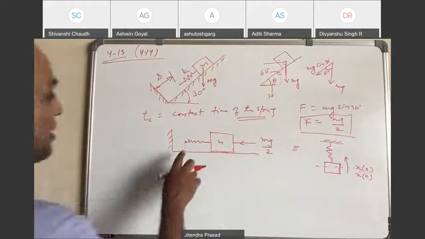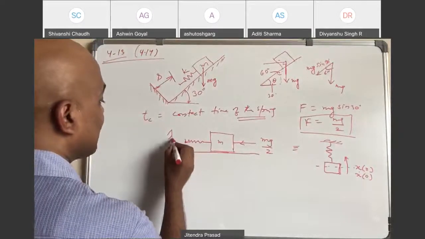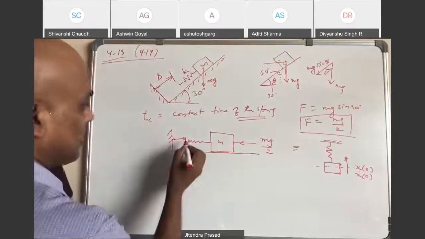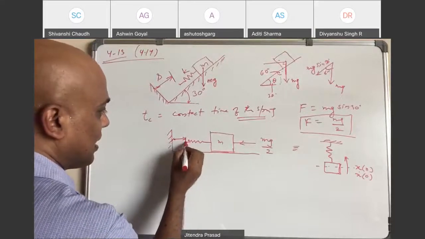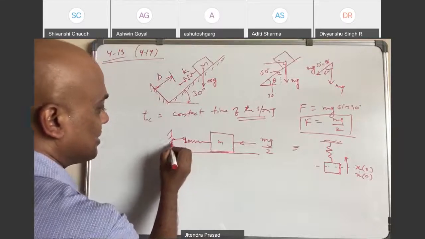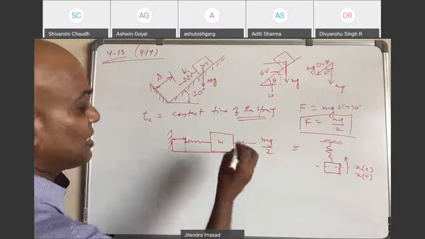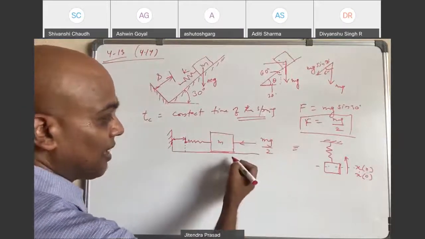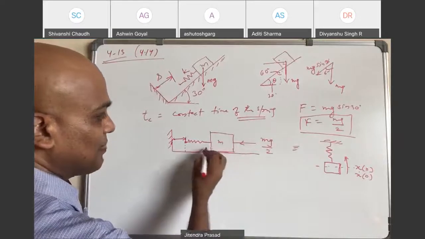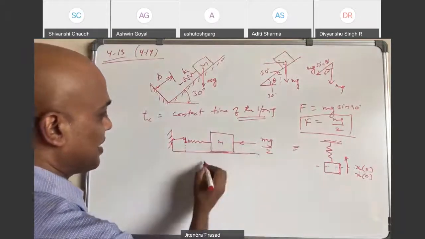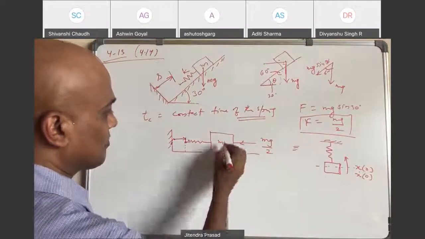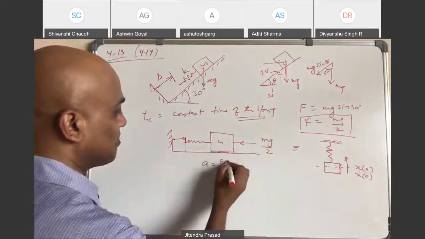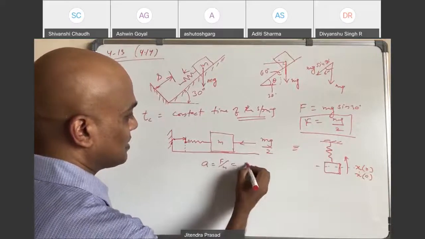Okay, so first we have to find out what is the velocity when it hits this one, when this gets to the other end of the spring, gets in touch with the wall here. And how will you find out? The acceleration is given, so acceleration a equal to force divided by m, equal to g over 2.